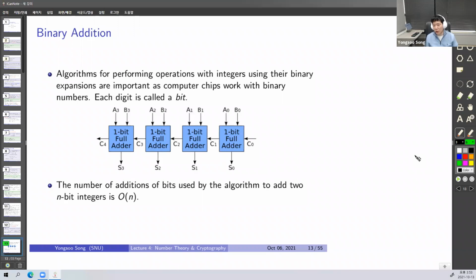Many computer systems can run much faster when we implement the algorithm using the language of binary expansions. Each digit is called a bit in the case of base 2. So when we use a binary expansion, each bit is just 0 or 1.